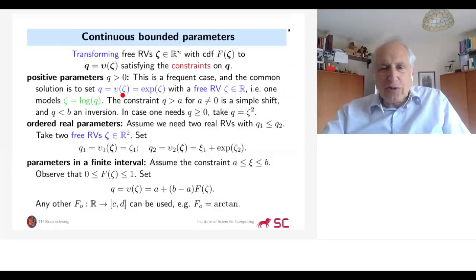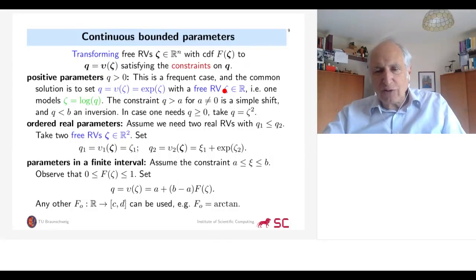And the common solution is to set this to be the exponential of a free random variable. You can give zeta any distribution you want, and then this is transformed into Q, which is then positive. And we model a free random variable as a function of Gaussians. So what we model is actually the log of this variable, which should be positive. That's why I took the log of kappa.